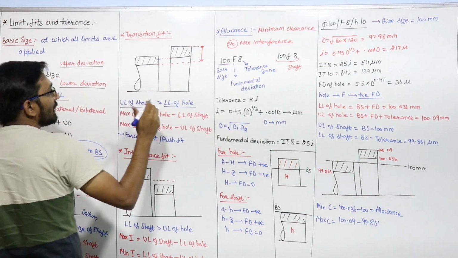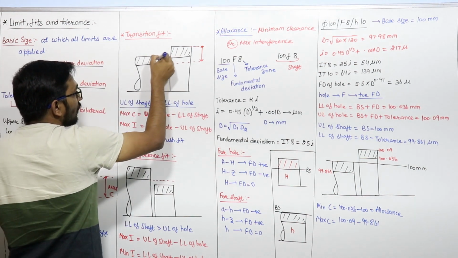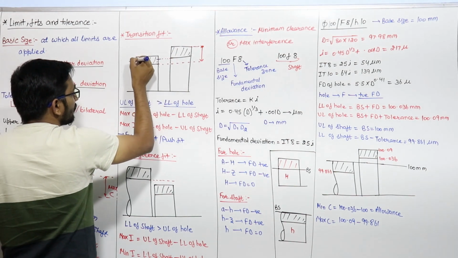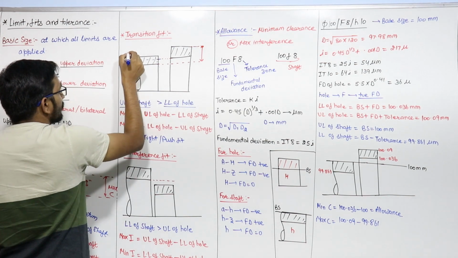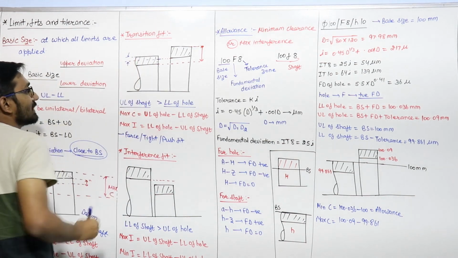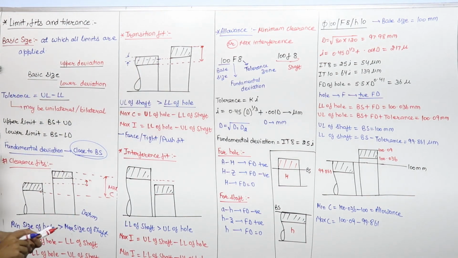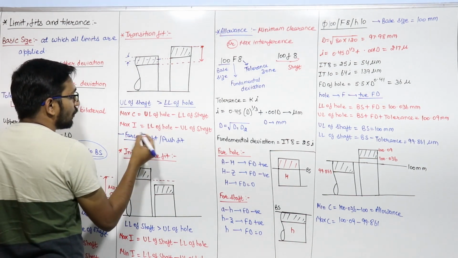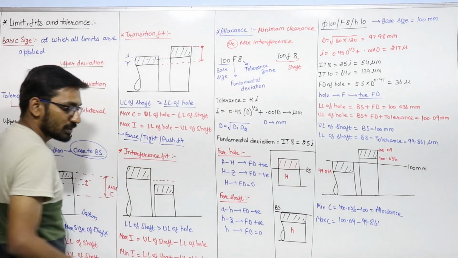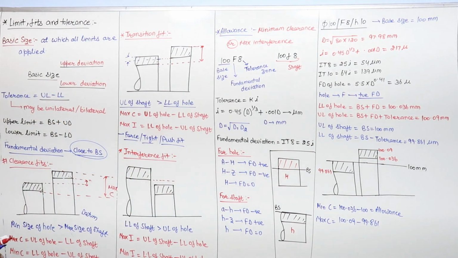Maximum interference will be the lower limit of the hole minus the upper limit of the shaft. So this distance is your maximum interference, and this fit is known as your either force fit, tight fit, or push fit. So this is a transition fit.